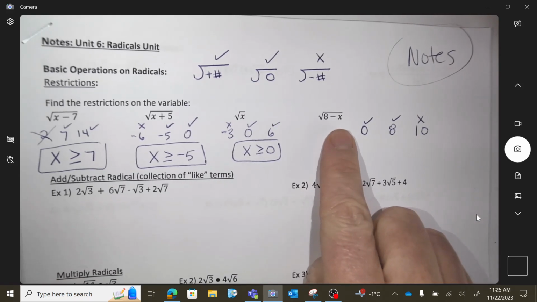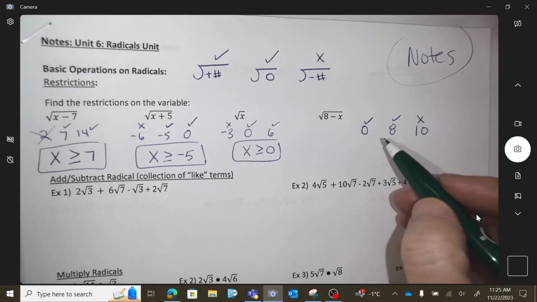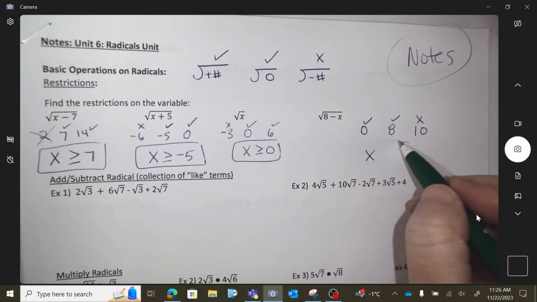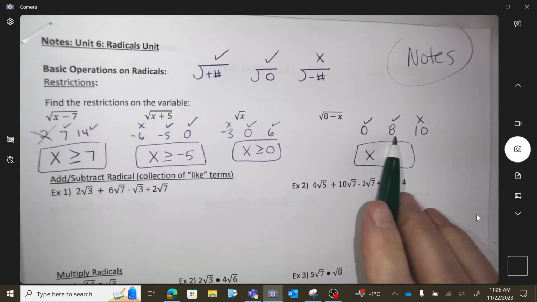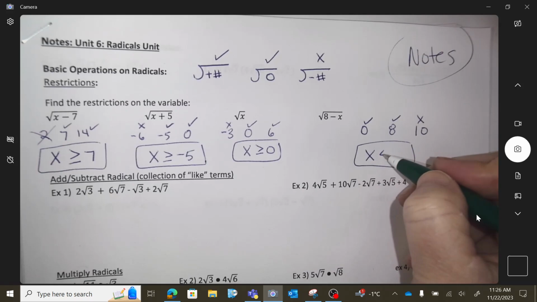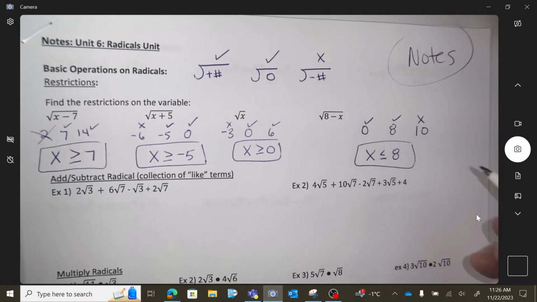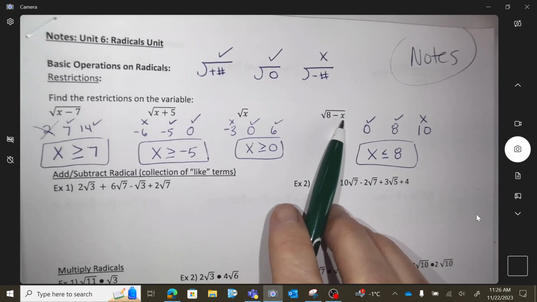Okay, 8 minus 10. That's bad, right? Now we're into the negatives. So x has to be what? This time it has to be less than or equal to 8. Okay, does that make sense? Because if you take away more than 8, now we're into the negatives.